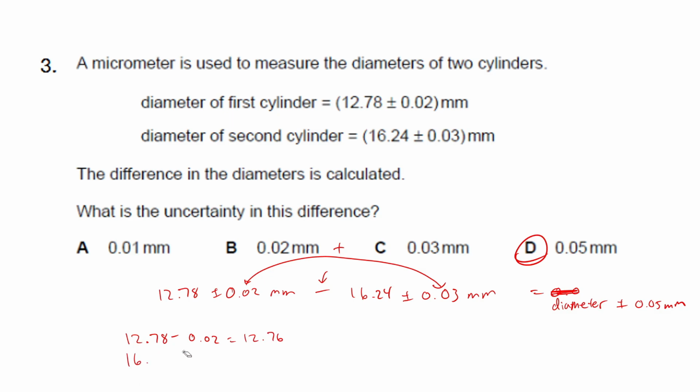That's wrong. 16.24 plus 0.03, and you get 16.27. And if you calculate this out, you get a difference, specifically 3.51.